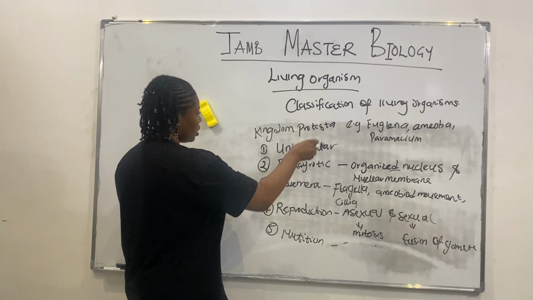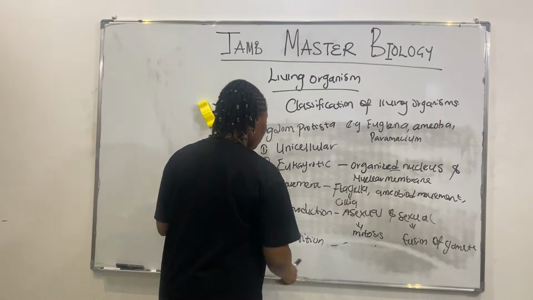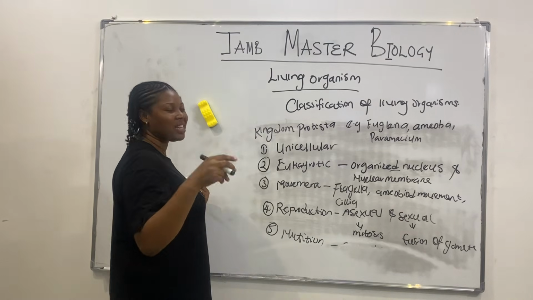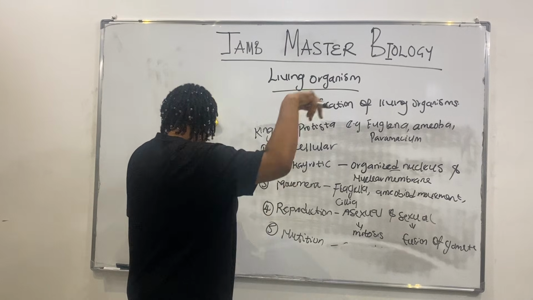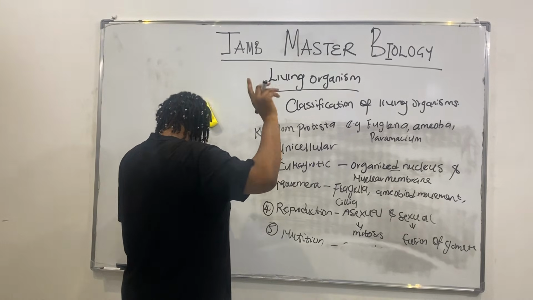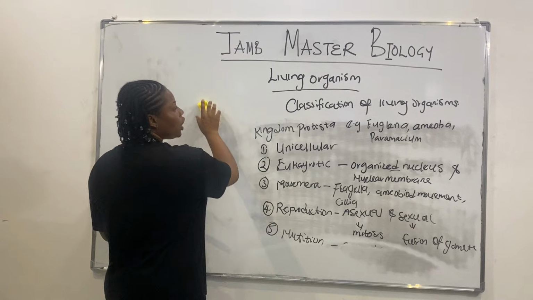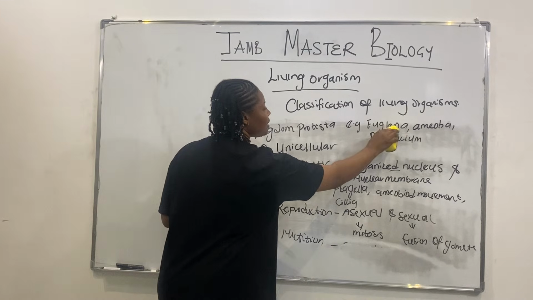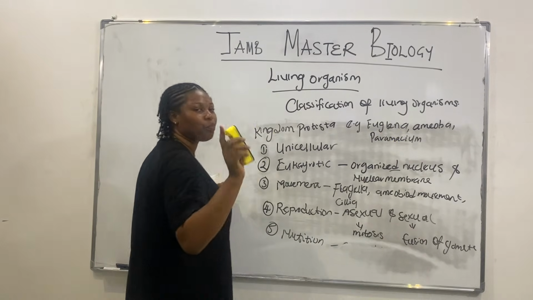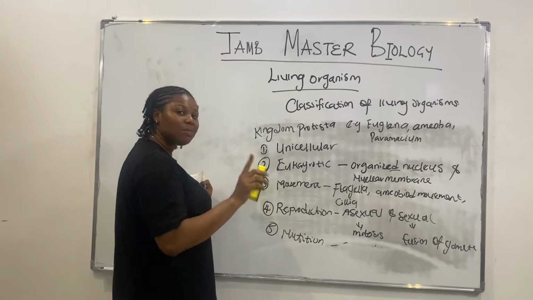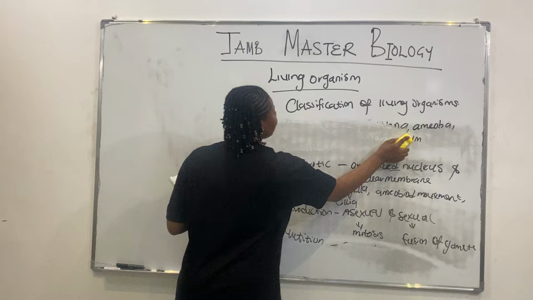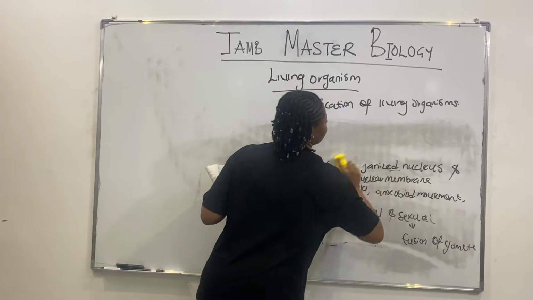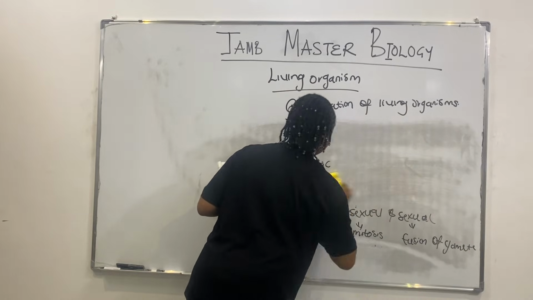So in the kingdom Protista, they feed by the autotrophic mode, which means they can manufacture their own food, or they can feed on other organisms. They can depend on other organisms to survive. We are going to consider euglena because it is very important, as it has both animal and plant functions. So let's look at euglena as an animal and as a plant.